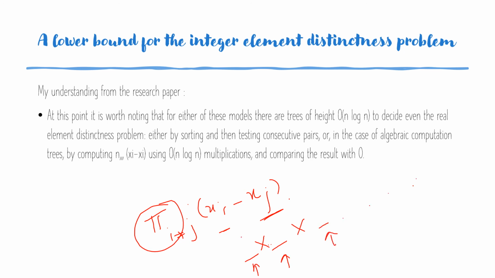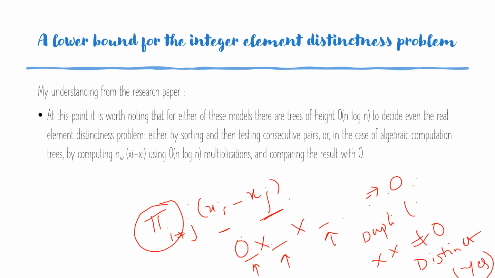If any of the differences is zero, the whole product will be zero. That means there is at least one duplicate in the given array, so the elements are not distinct. If the product is not equal to 0, the elements are distinct. We can simply say yes in that case, and no in the other case.